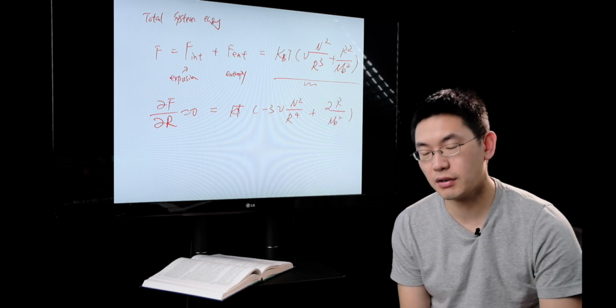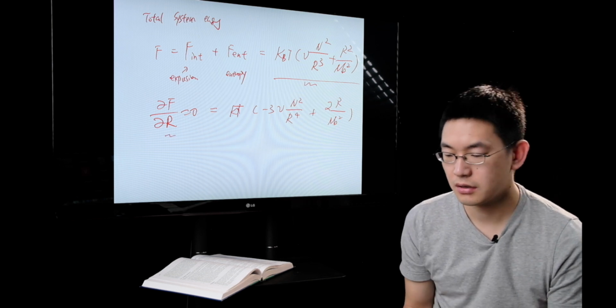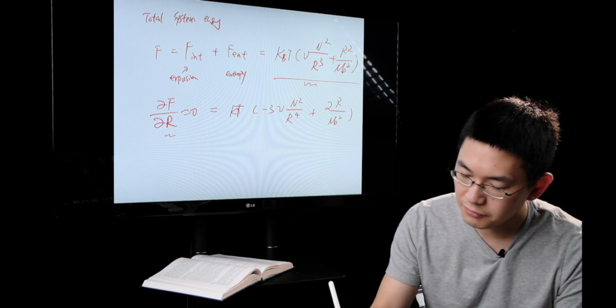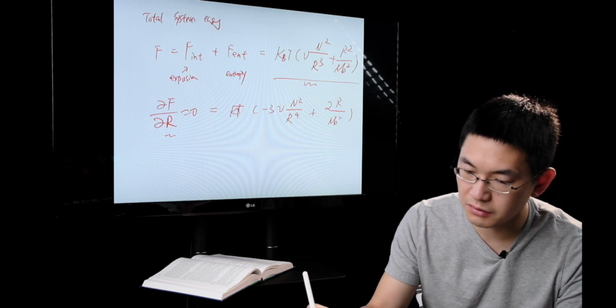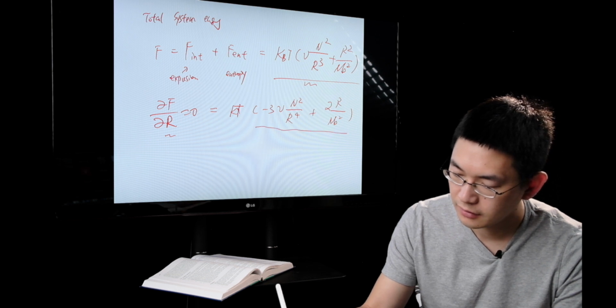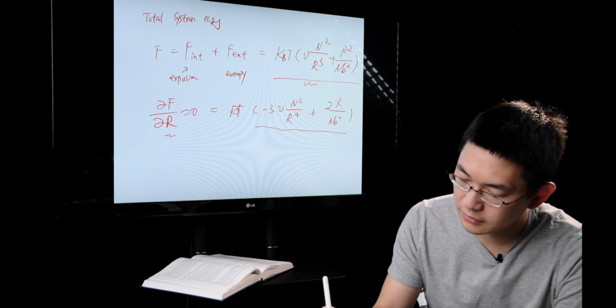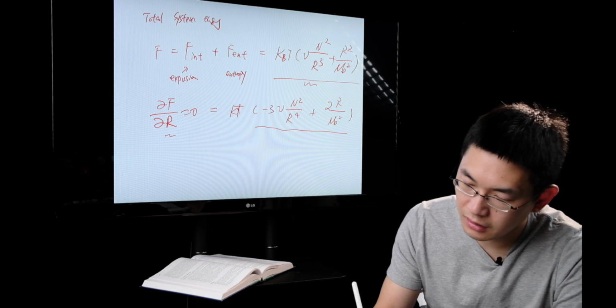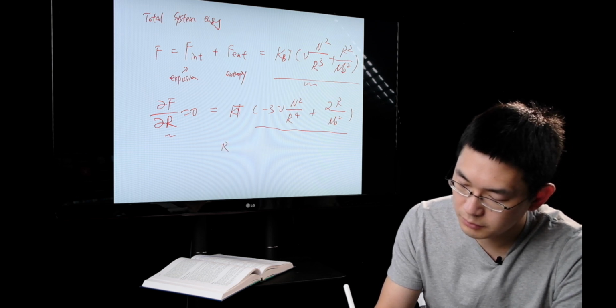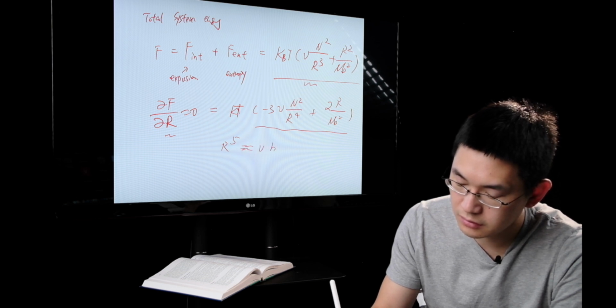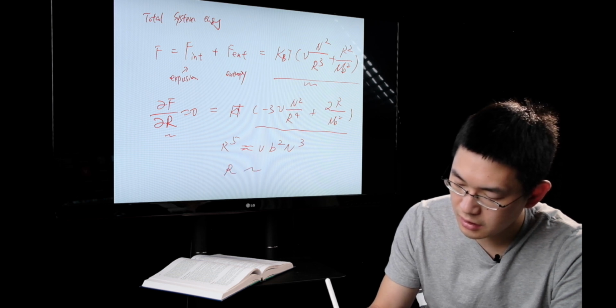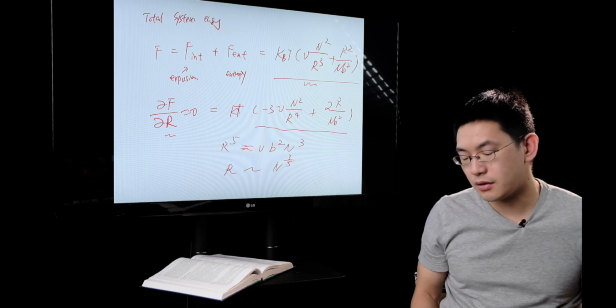So that's the first derivative with respect to the radius R. And if this is equal to 0, we can rearrange and get what R would be. R to the power of 5 will be roughly equal to n^3. So you can see R would be proportional to n to the power of 3 divided by 5.